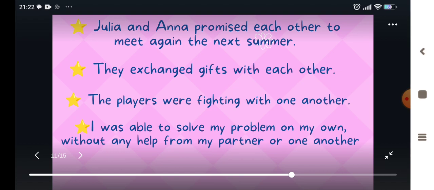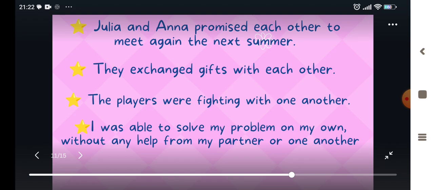In this case, in our mind, maybe we are thinking that there are only two persons. The players were fighting with one another. When we say the players, we need to imagine more than two persons. In this case, it could be 3, 4.